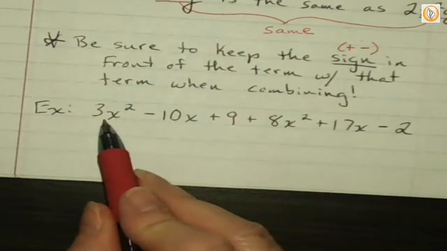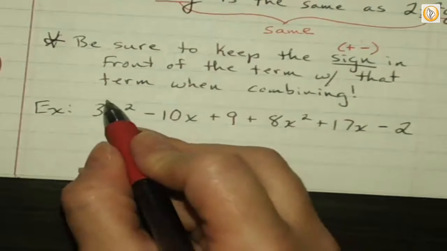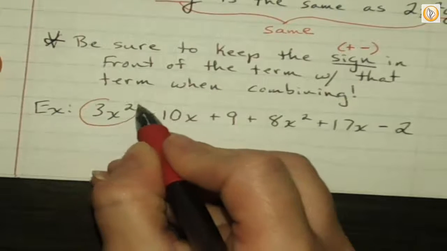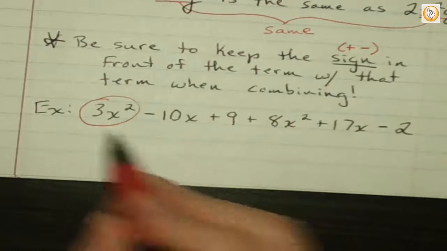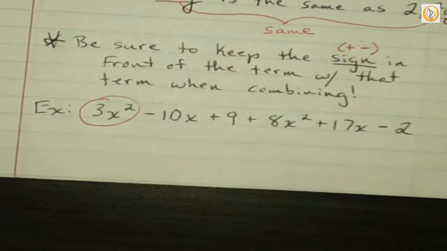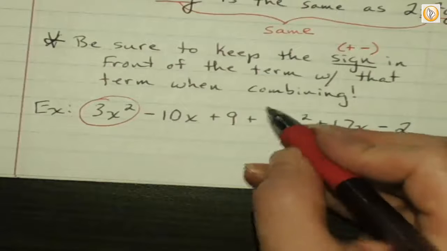Okay, so let's start with the 3x squared. I'm going to circle the 3x squared. Joanne, what other term can be combined with 3x squared? Positive 8x squared. Perfect.